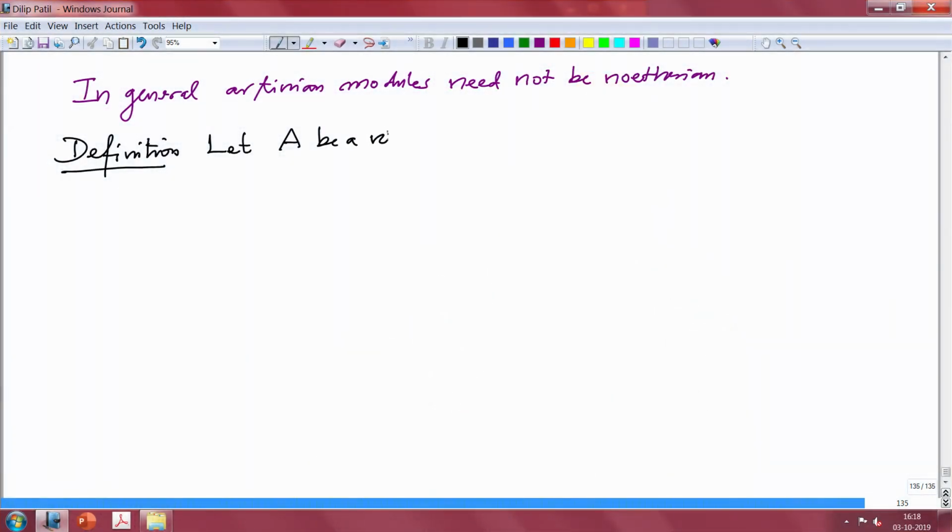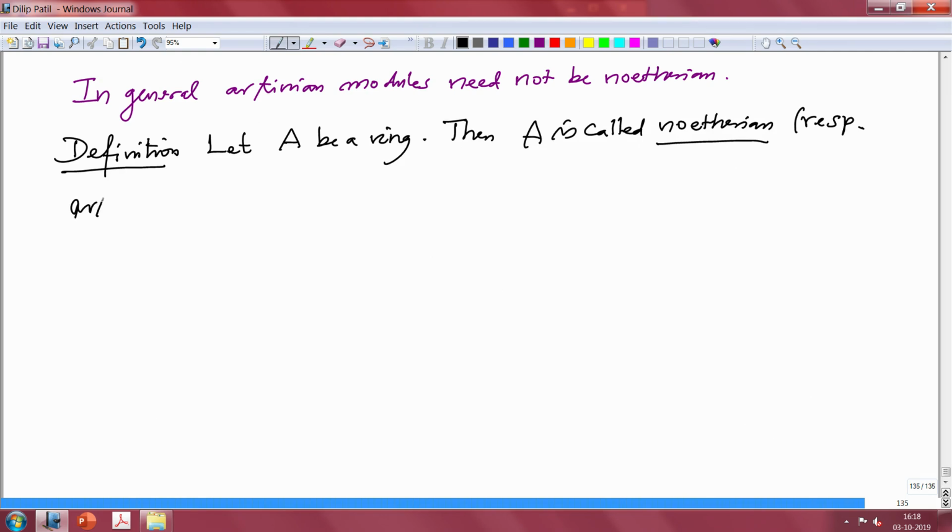Let A be a ring, then A is called Noetherian, respectively Artinian, if the A module A is Noetherian, respectively Artinian.